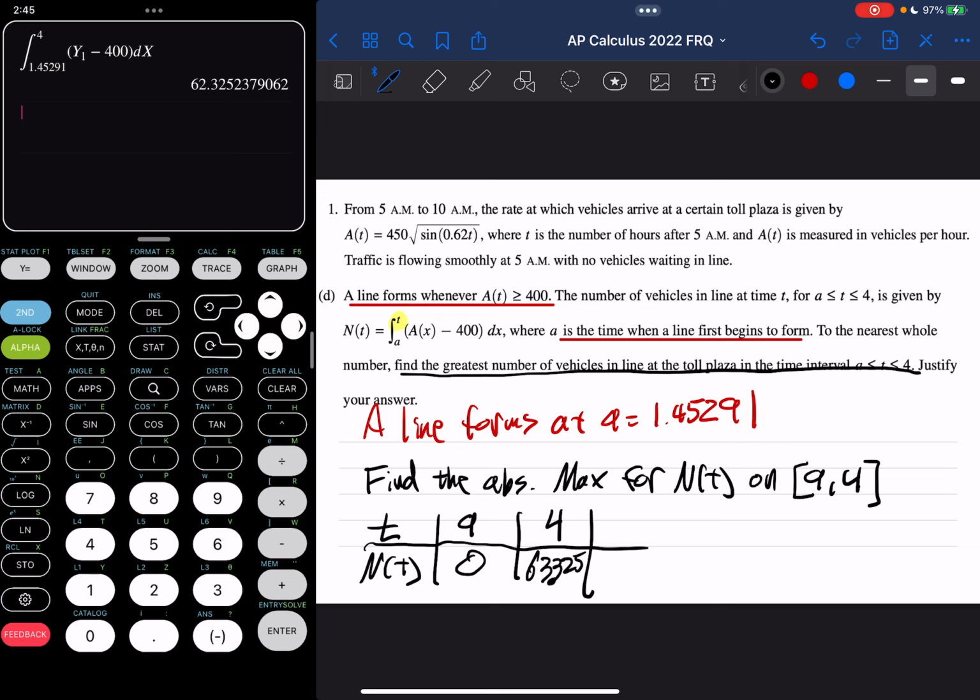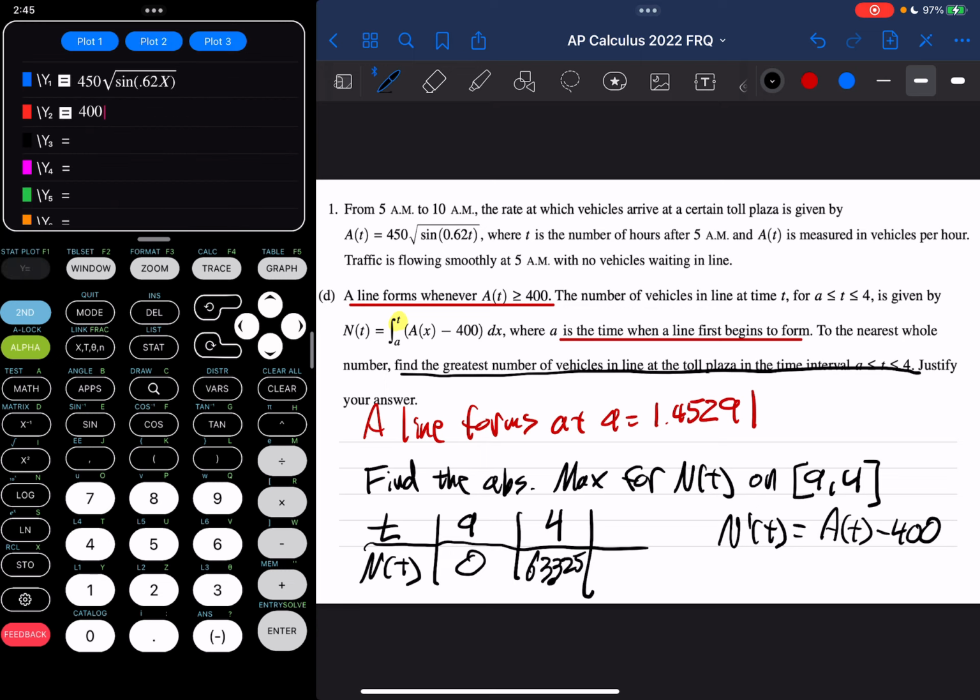Now, are there any critical points for this integral function? So what is N prime of t? Well, that's going to be A of t minus 400. Now essentially what we're asking for is what is the difference and when is that difference 0?